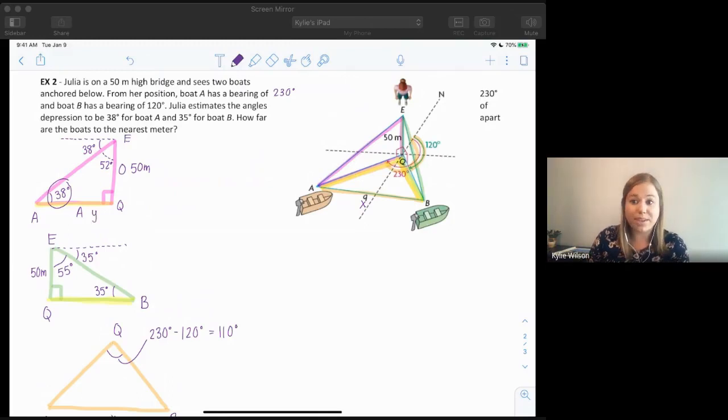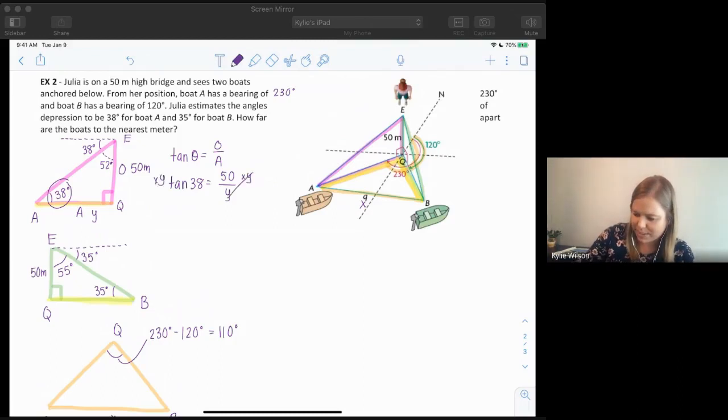You can call it something different. So we're going to have that tan of theta is equal to opposite over adjacent. In this case, our theta is 38. Our opposite side is 50. And we're looking for side y. So we want to isolate y and get it all by itself. So we'll multiply this side by y, multiply that side by y. So we'll have y tan 38 equals 50.